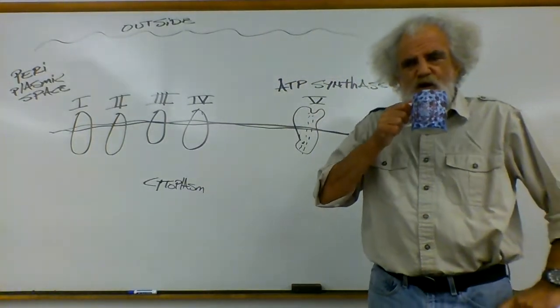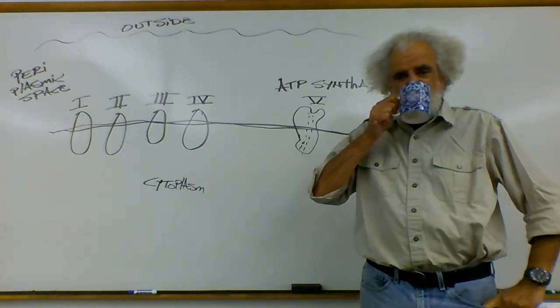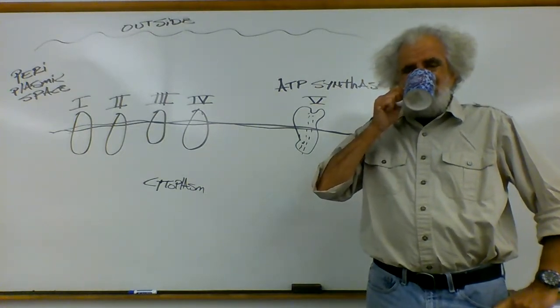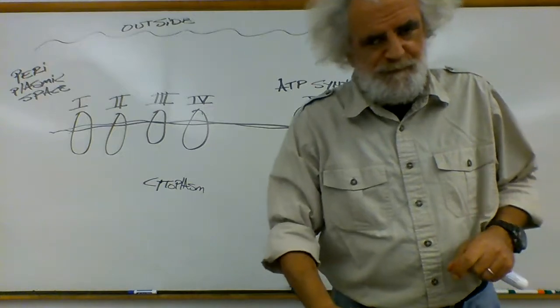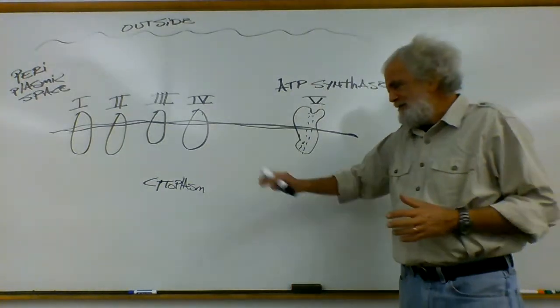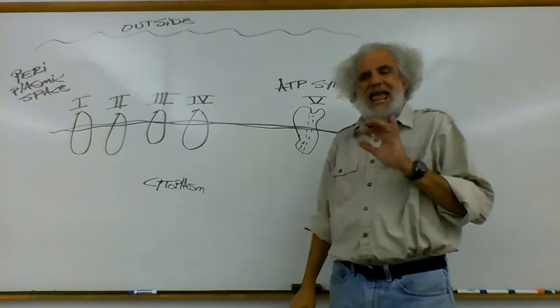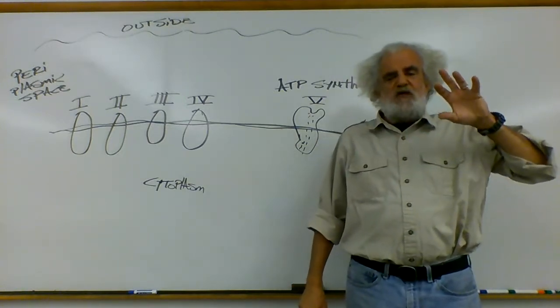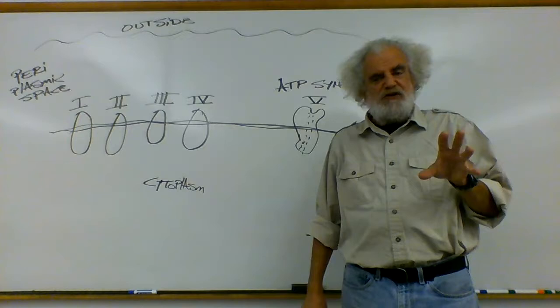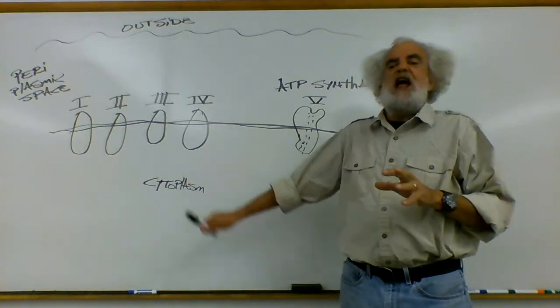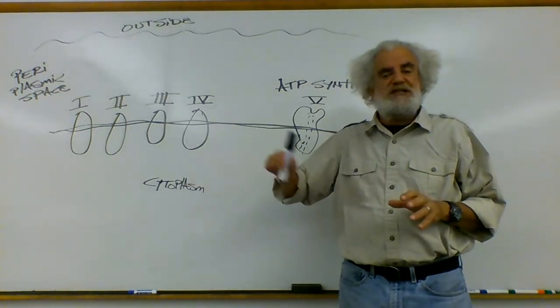Now, the way it works is this. The Krebs cycle and glycolysis are happening here in the cytoplasm, and the electron carriers, NADH and NAD, they come here to be recycled.